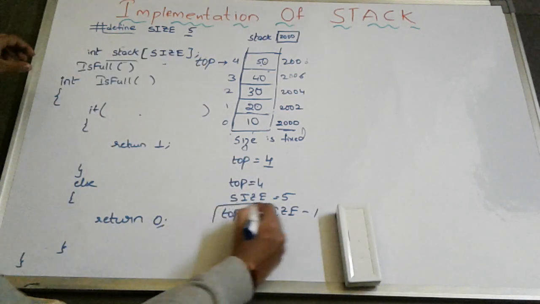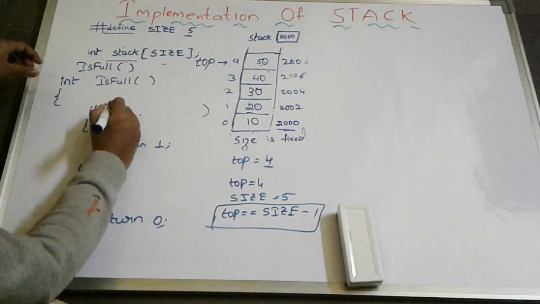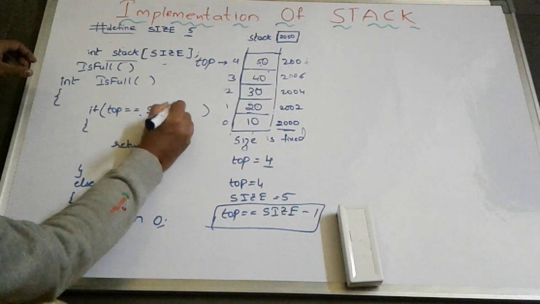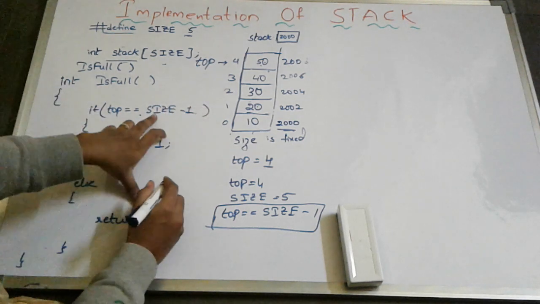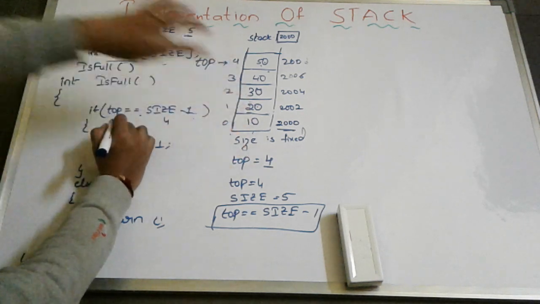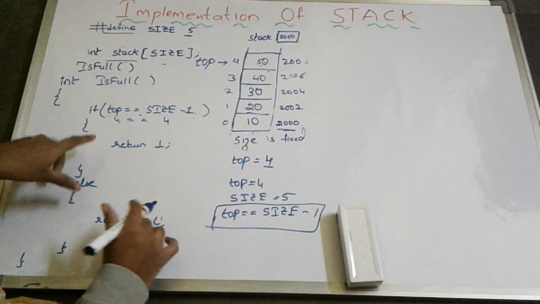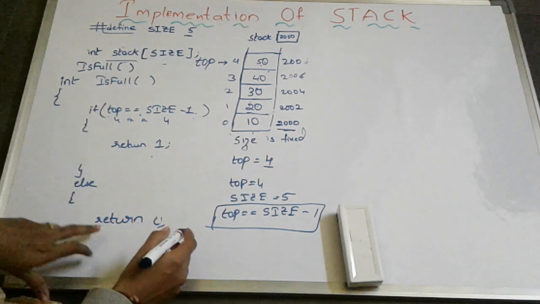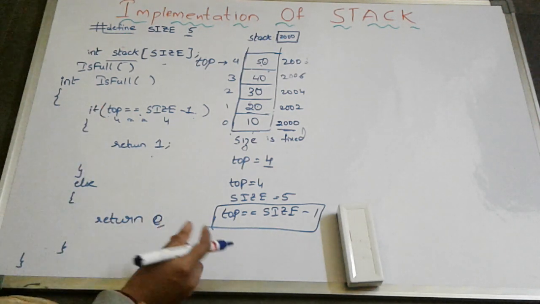So our condition is top equals size - 1. Here size is 5, 5 minus 1 is 4. What is top? Top is 4. 4 equals 4, so it returns true, that means 1. Else it will return 0.